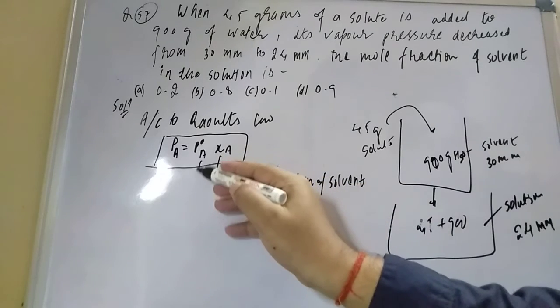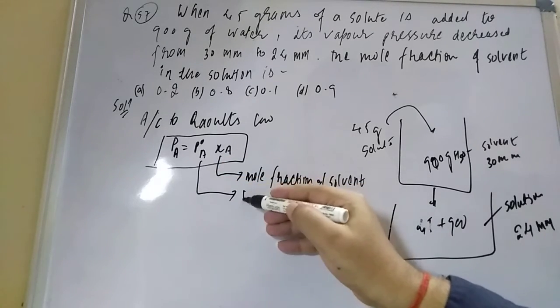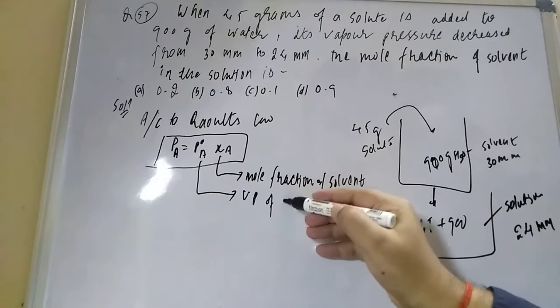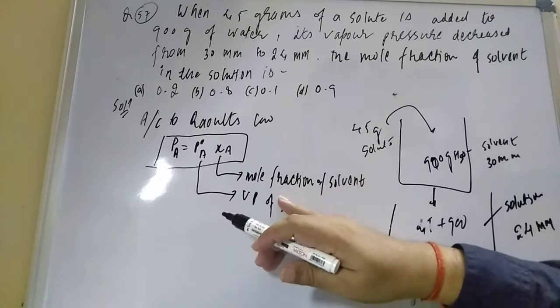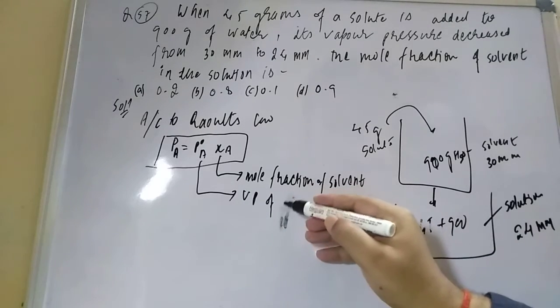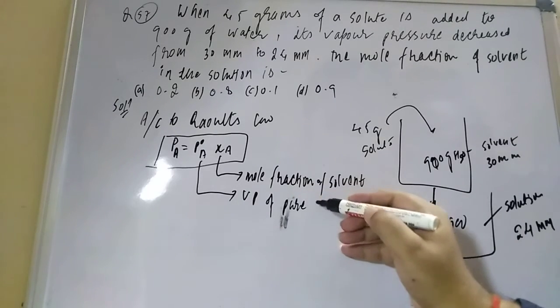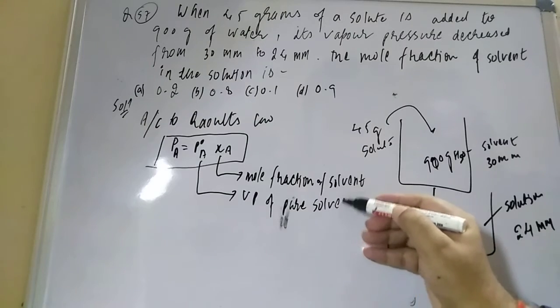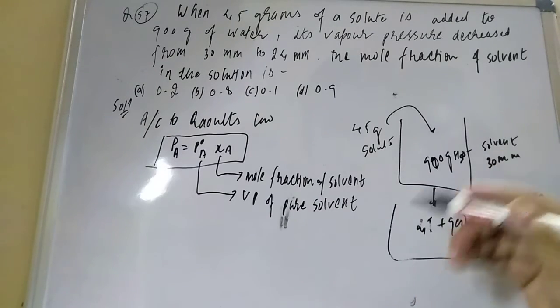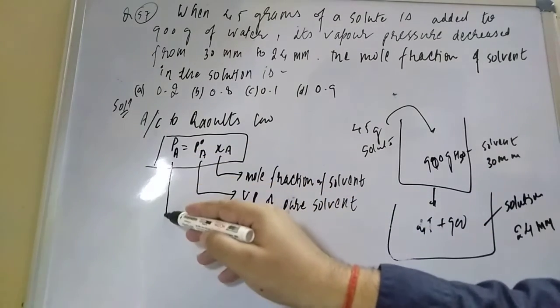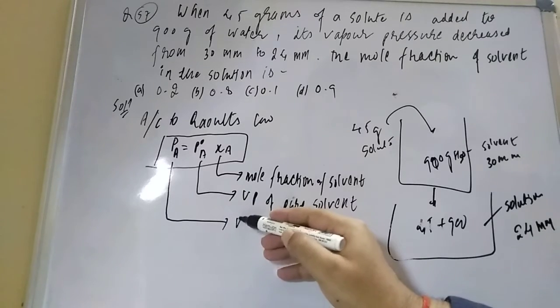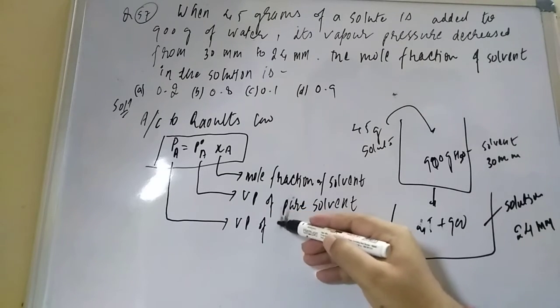P naught A is the vapor pressure of pure solvent. It means where solution is not there, solute is not there. PA is the vapor pressure of solvent in solution.